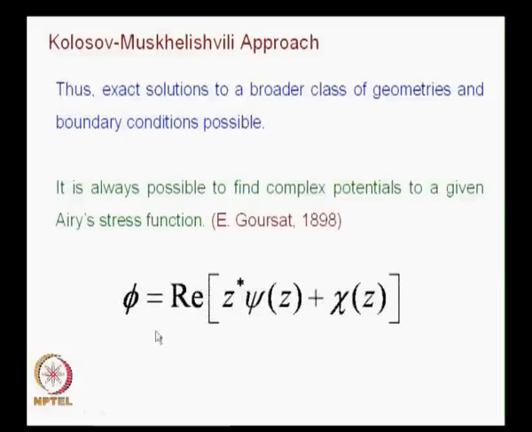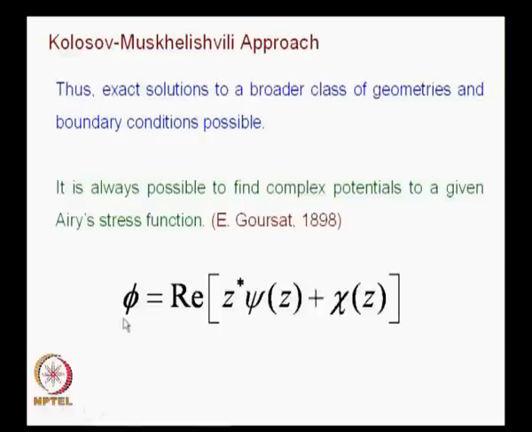How they are represented? You have phi equal to real part of z star, and z star denotes your complex conjugate. So, if z is x plus I y, z star would be x minus I y multiplied by an analytic function xi of z plus chi of z.